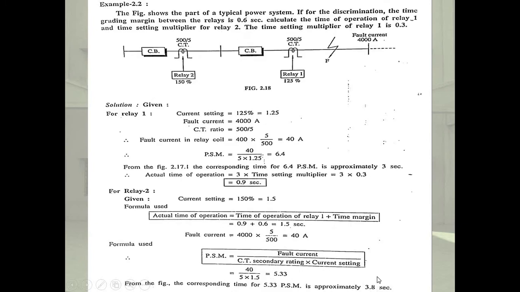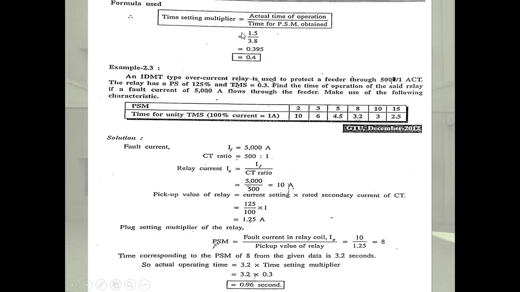So it is 0.395, and the round figure is 0.4, because the time setting multiplier is a fixed value, so we can use the round figure 0.4.